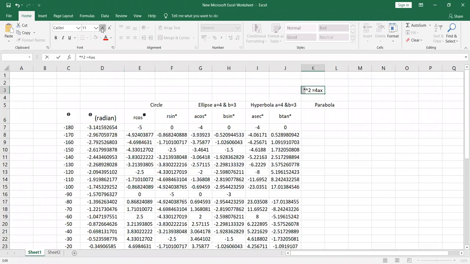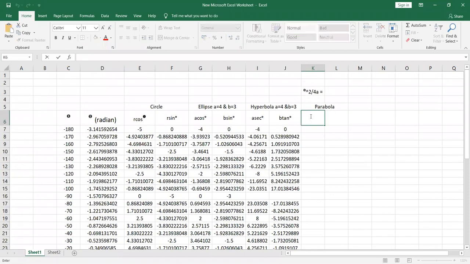From that, we can find the value of x. So the value of x is theta square divided by 4a. So we have x is equal to theta square divided by 4a here.